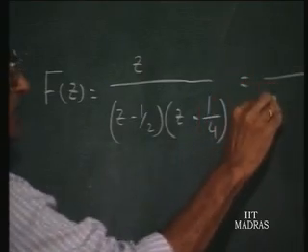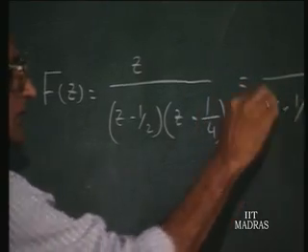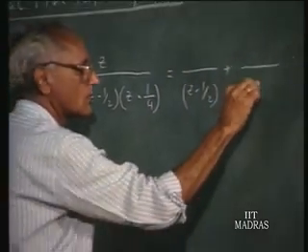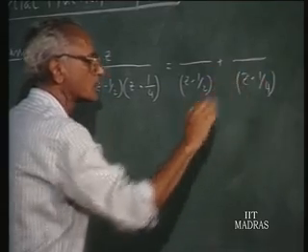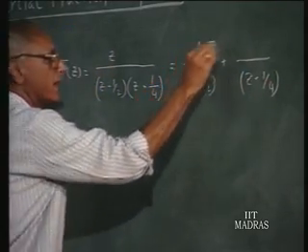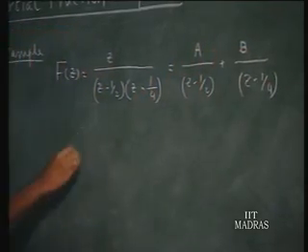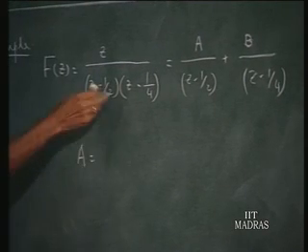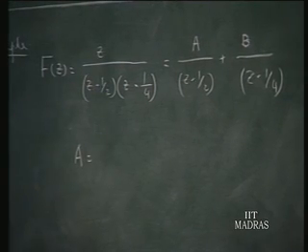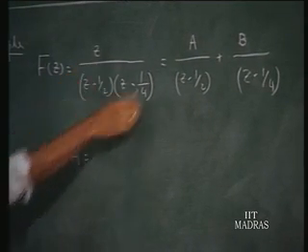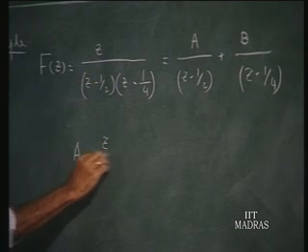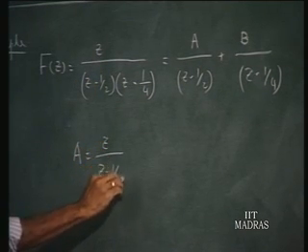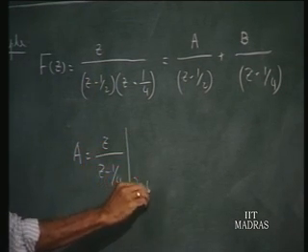So you have two terms, z minus half and z minus 1/4. If you call those a and b, a is obtained by multiplying this by z minus half. Once you multiply this expression by z minus half, you are left with z upon z minus 1/4 and substitute z equals half.